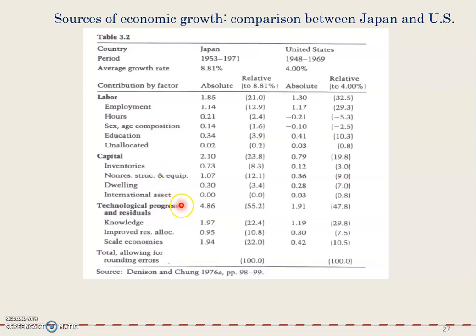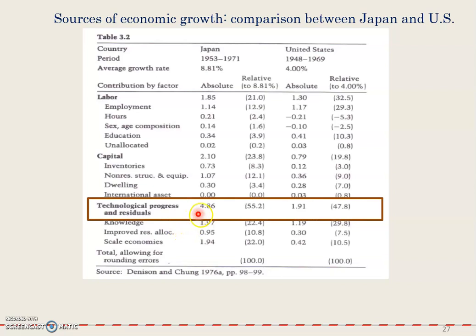You could say this is an unknown factor, or this is what we call the total factor productivity (TFP). All right, and you don't really have to look at these subcomponents within each factor. Let's just focus upon these three factors here.